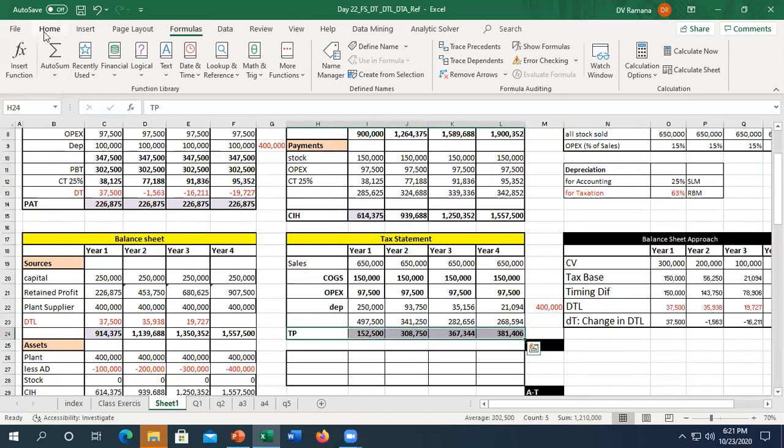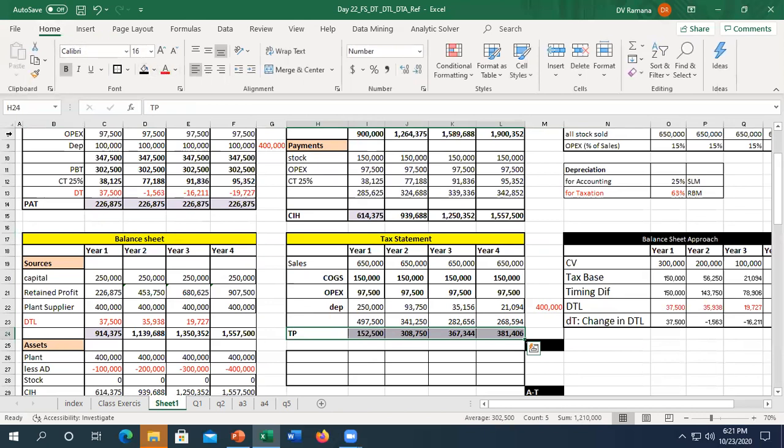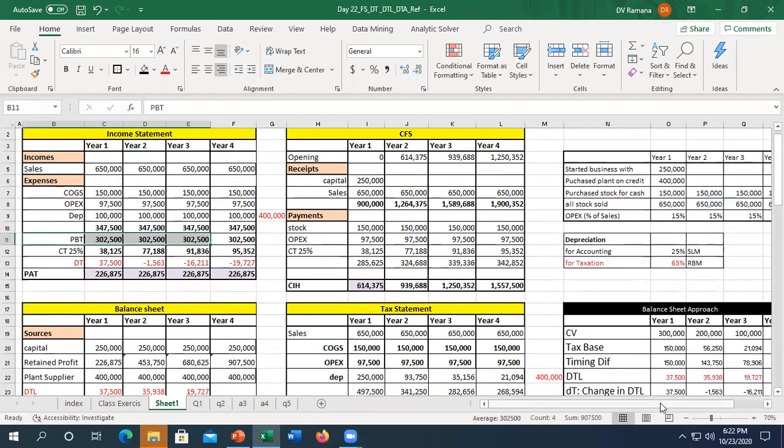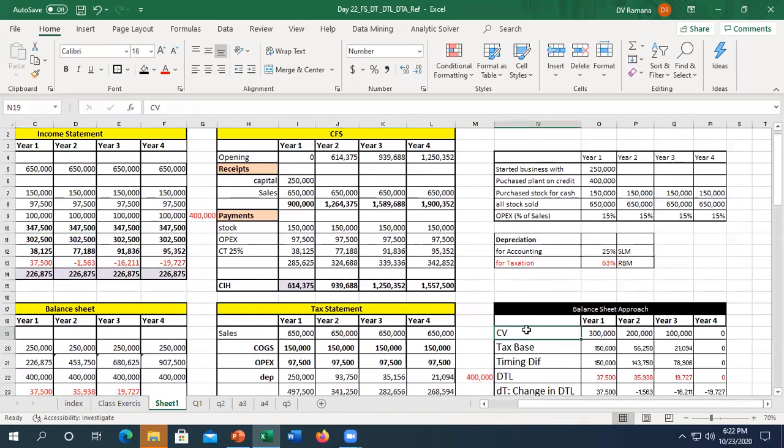The taxable profit in this case is different from the accounting profit, which is PBT, because of depreciation, which is a timing difference. And this timing difference creates a difference between the carrying value of the plant and the tax base of the plant.